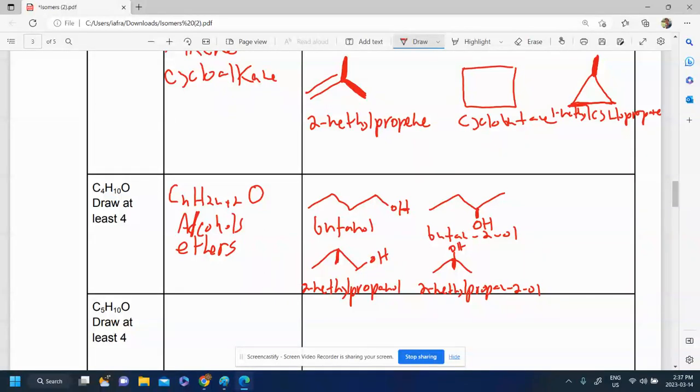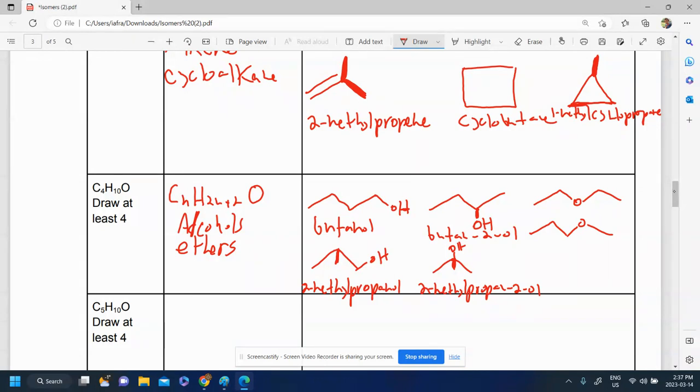And so really any ether will work out as long as it's 4 carbons. So we can put 1, 2 carbons and connect an O here, and then put 1, 2 carbons there. So 1, 2, 3, 4 carbons with an O in the middle. Maybe you could do 1, 2, 3 carbons connected with an O there, put 1 carbon there. That's a possibility as well. So we have over here 1, 2, 3, 4.